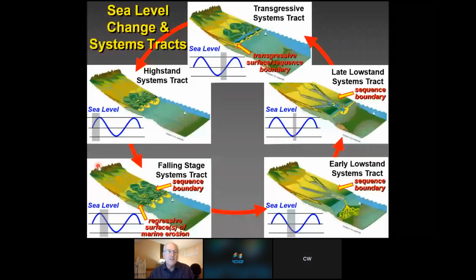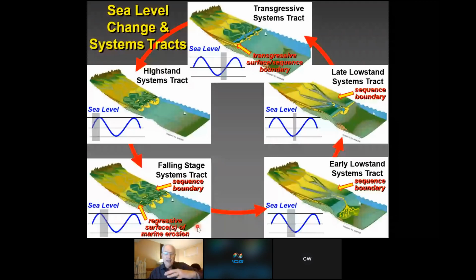So this is kind of sequence stratigraphy 101, just so we're all on the same page. During the late rise in sea level, you develop a highstand systems tract where you have shallow water systems prograding out basinward. Then during the initial fall in sea level, those shallow water systems move out and down into the basin.